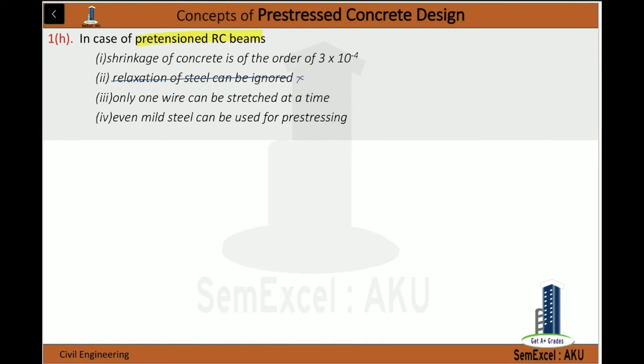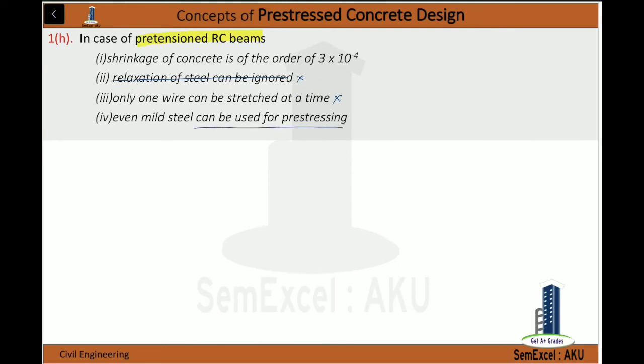Second is that only one wire can be stressed at a time. This option is also not correct because there are some methods by which multiple wires can be stressed at a time. Fourth is that even mild steel can be used for pre-stressing.